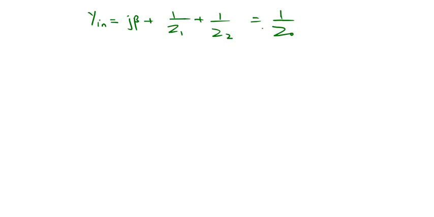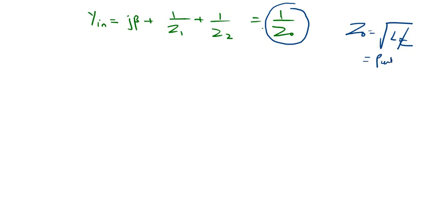The B is the lumped susceptance. If the divider we have considered is lossless, then for a lossless line, Z naught equals square root of L by C, which is purely resistive, and here this term is imaginary.